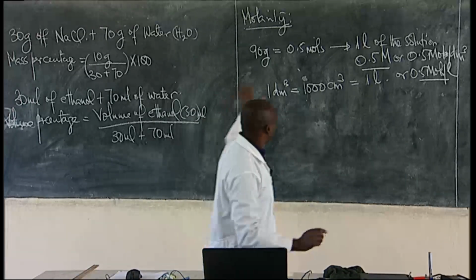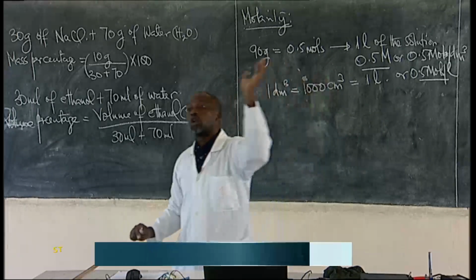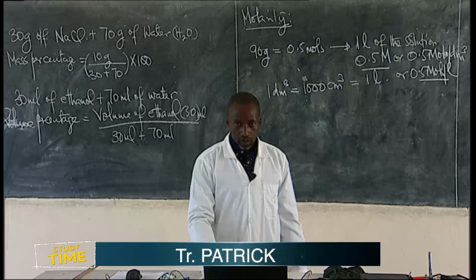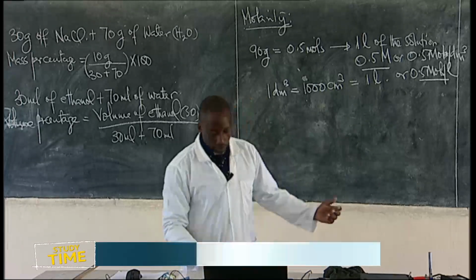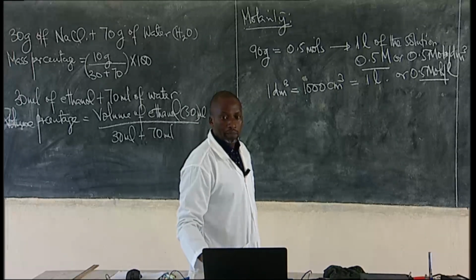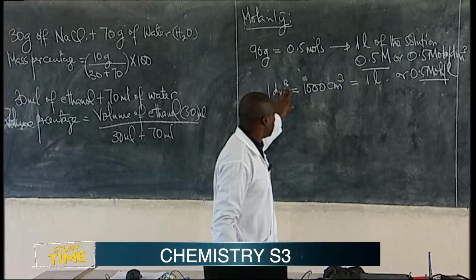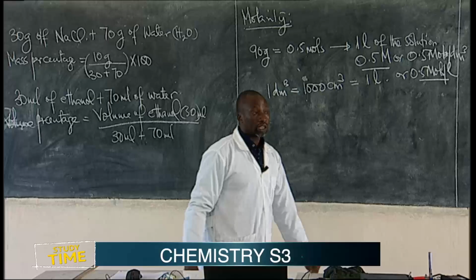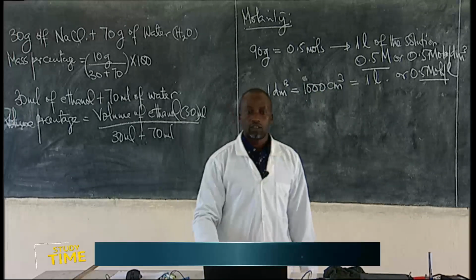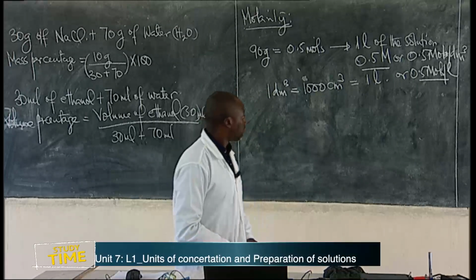So these are the units of the molarity. Molarity is also a unit of concentration. Let's proceed. Please make sure you remember that 1 decimeter cubed is equal to 1,000 cubic centimeters and is equal to 1 liter. That is a very important note that you should not forget.